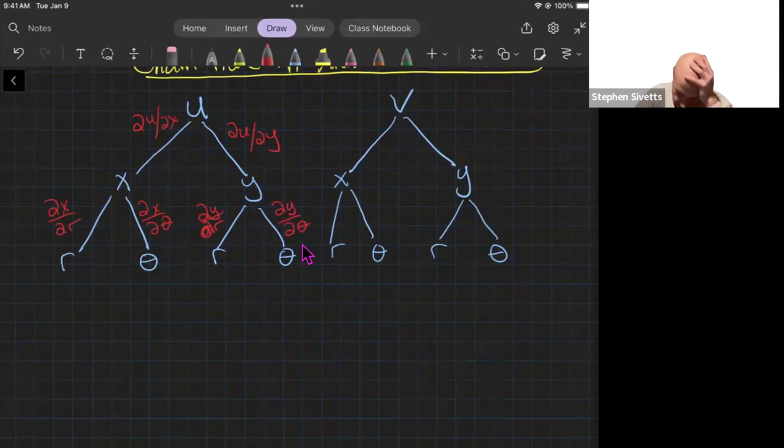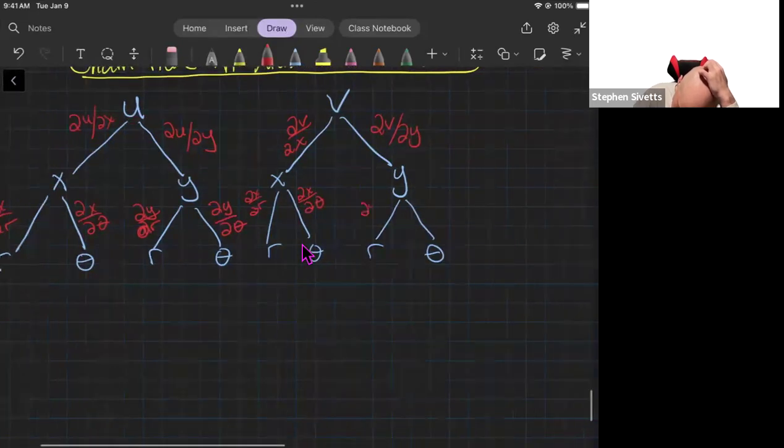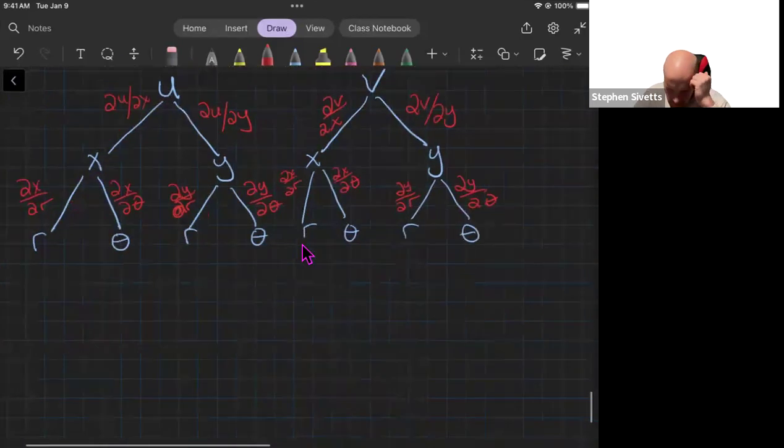And then likewise, these lines will be for partial of v with respect to x, partial of v with respect to y, partial of x with respect to r, partial of x with respect to theta, partial of y with respect to r, and the partial of y with respect to theta.